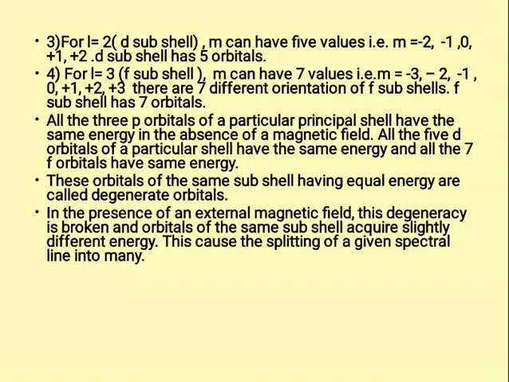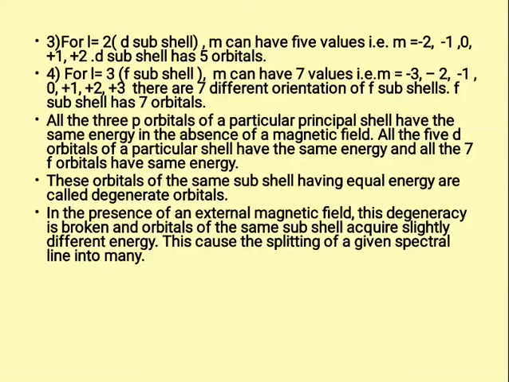So these are the 5 d orbitals possible. Again, when L equals 2, m equals 0 refers to the dz square orbital. dz square means m equals 0 for L equals 2. It's a fixed value.